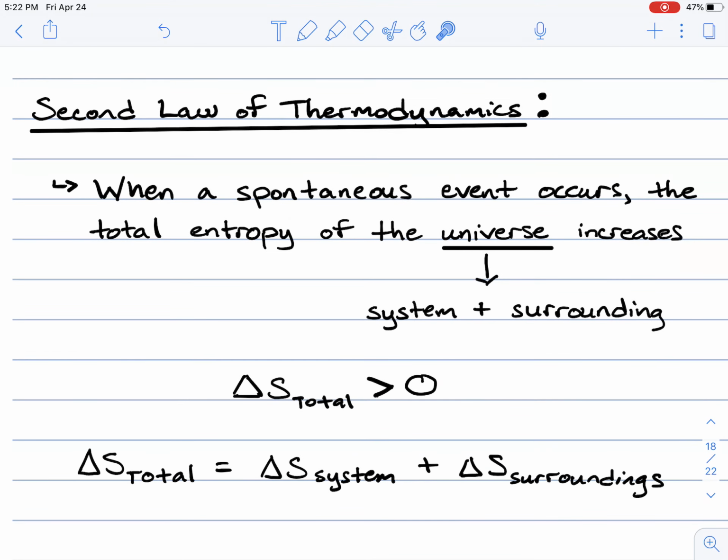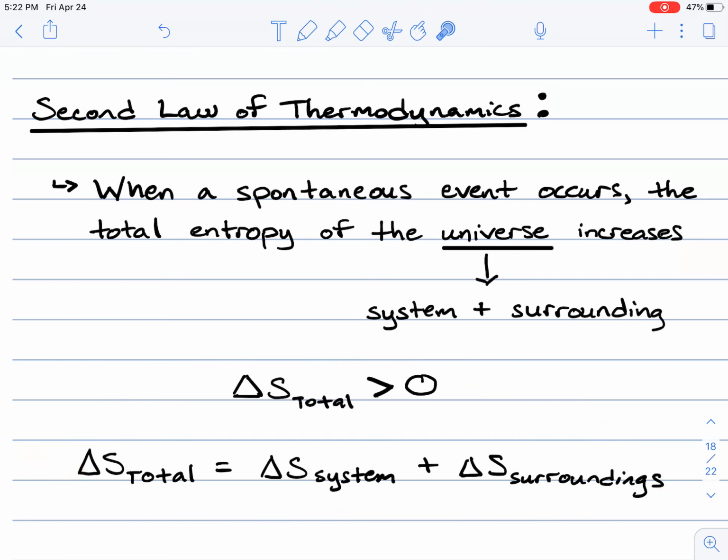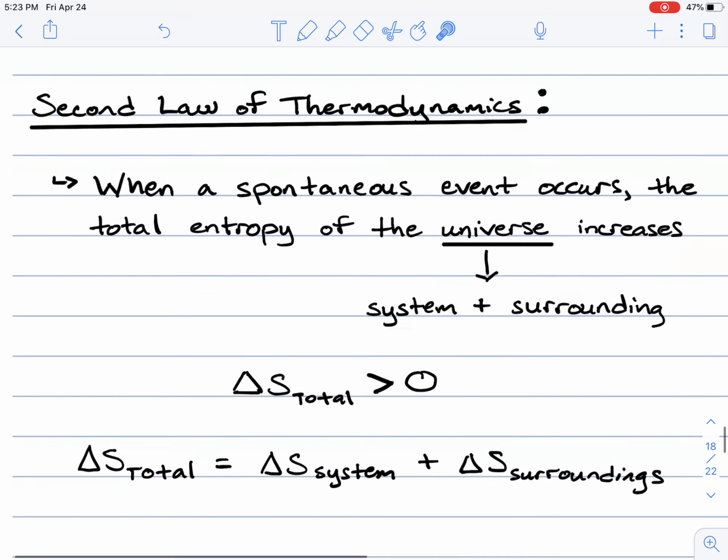All right, so we're going to combine both of these equations to create one specific statement. Then we're going to make some assumptions and some derivations to understand how this idea of the Gibbs free energy comes up.